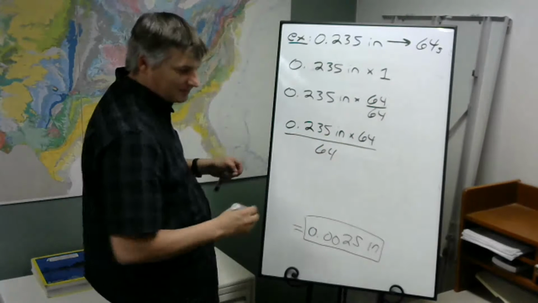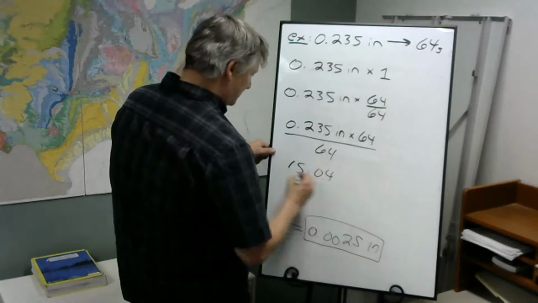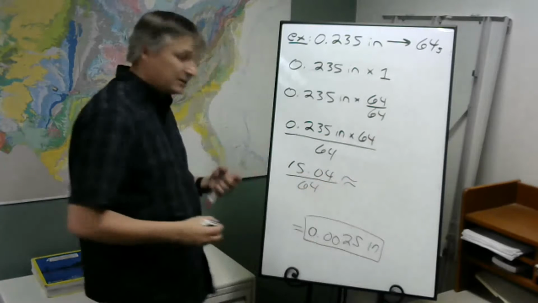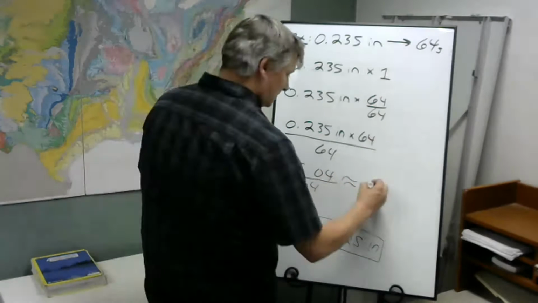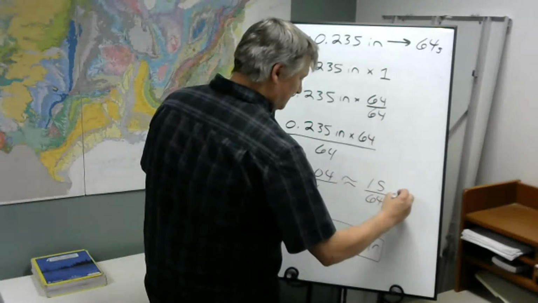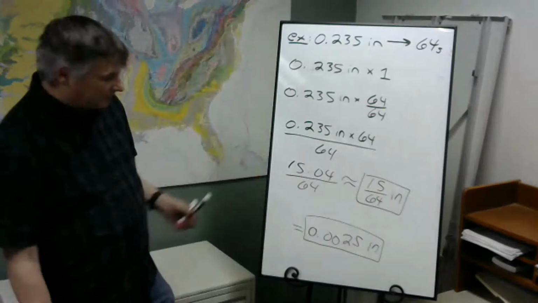And so that's going to give us 15/400ths over 64. And rounding to the nearest 64th of an inch, will be 15 over 64 inches. And that's just going to be our answer.